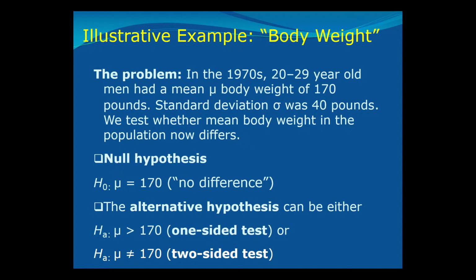So we should type mu not equal 170. For the first alternative hypothesis, we should use a one-sided test or one-tailed test. For the second alternative hypothesis, we should use a two-sided test or two-tailed test.